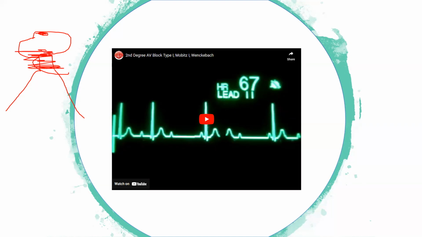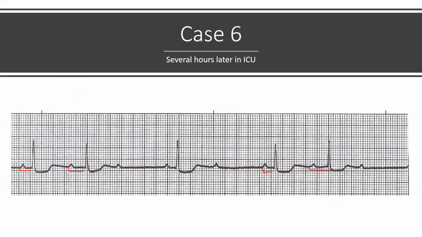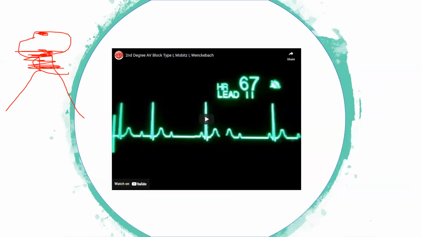It's going to be lower, and therefore, this is going to be much more serious. Okay? So that's the difference between a Mobitz type 1 and a Mobitz type 2.